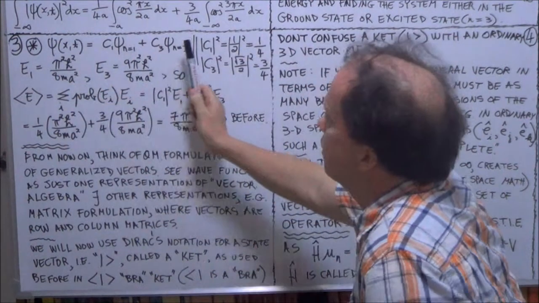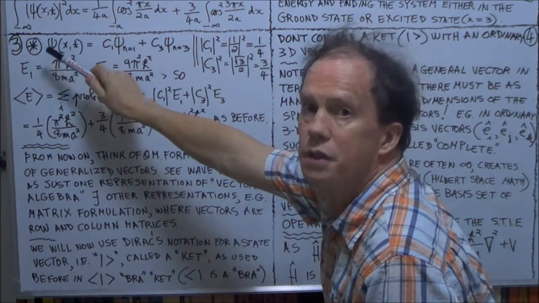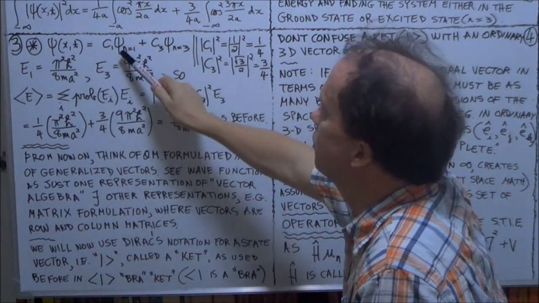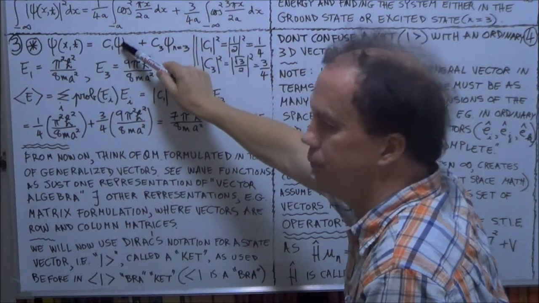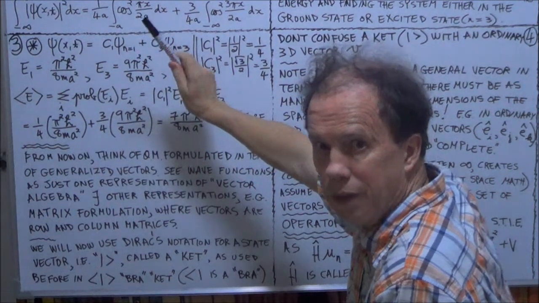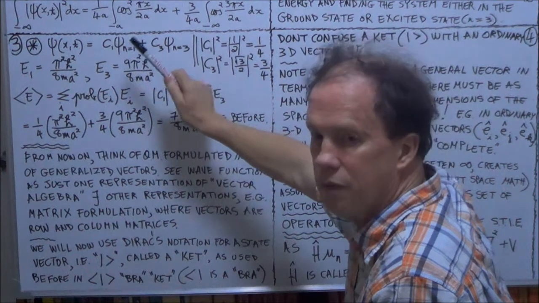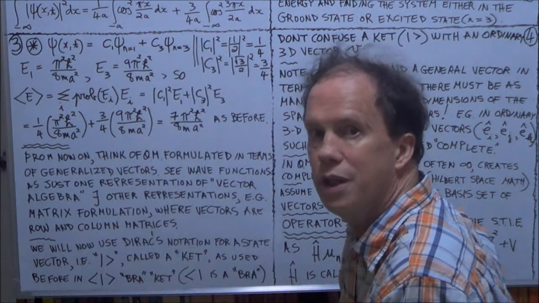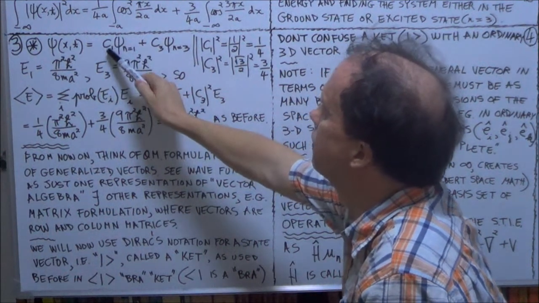So simplifying things a bit, here's your superposed wave function, which consists of two wave functions. One is the solution to the STI, the Schrodinger time-independent equation, when little n is 1. That corresponds to the ground state energy wave function, and C1 is its coefficient.